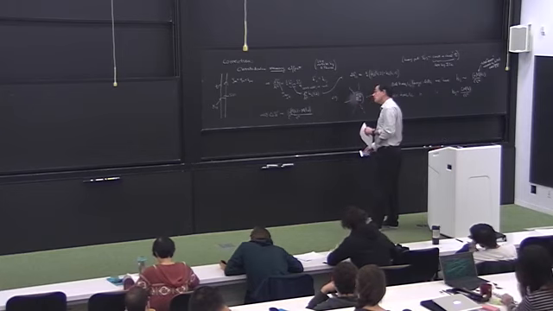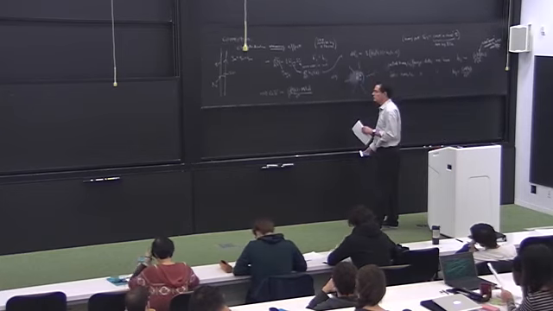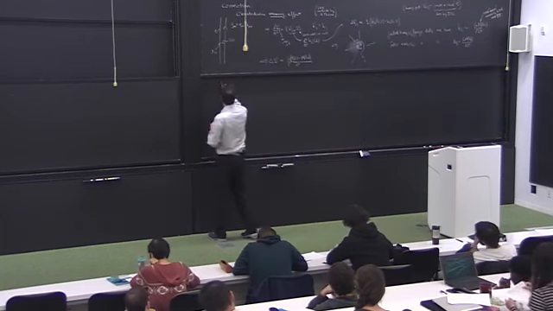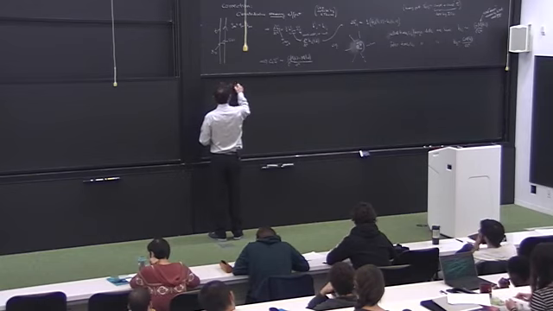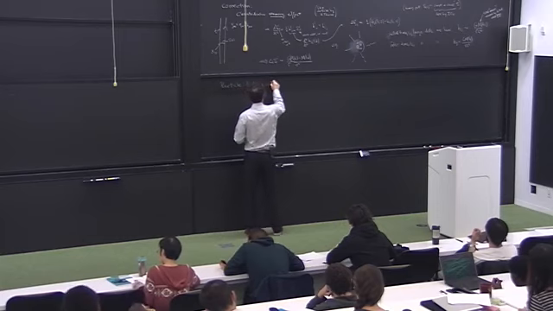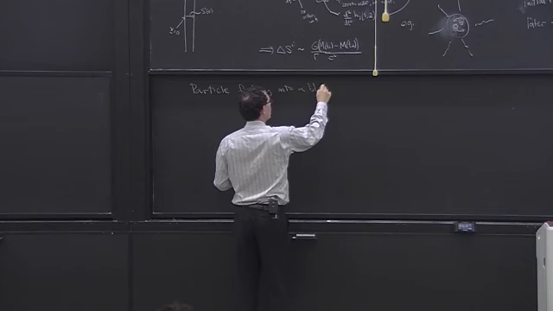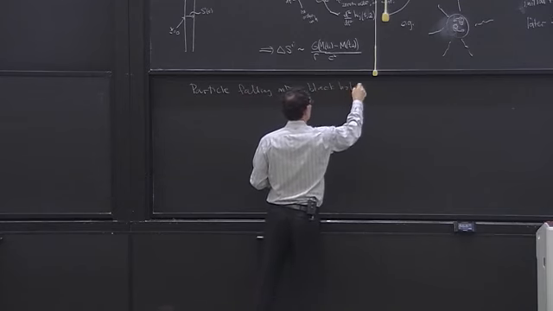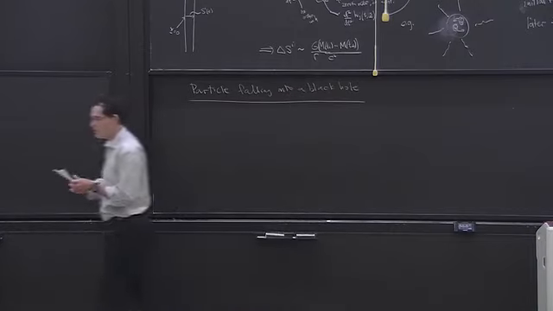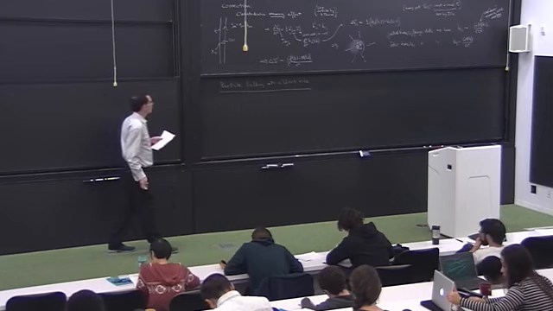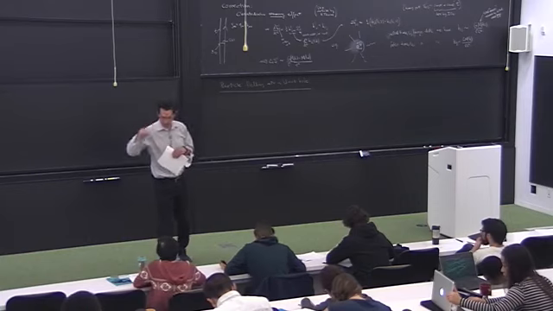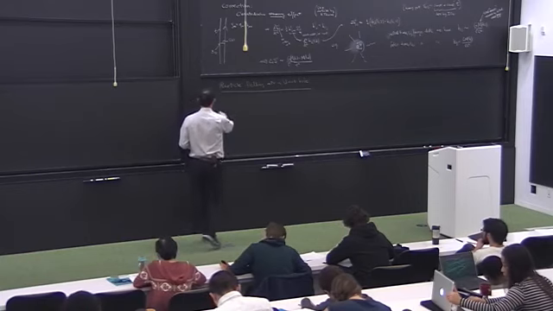Right, so I promised you we would fall into a black hole. So let's do that now. First of all, let's consider a particle, and we're going to pick a radial trajectory, so the particle literally is just going to be dropped straight into the black hole.